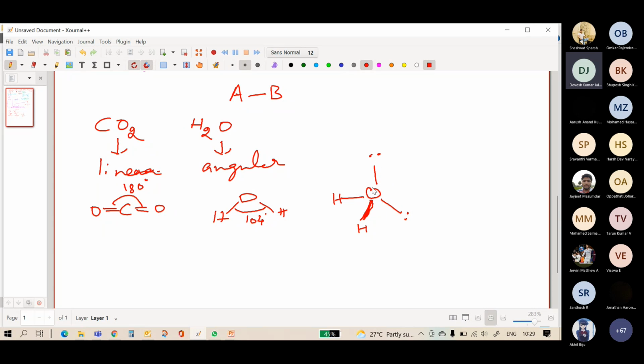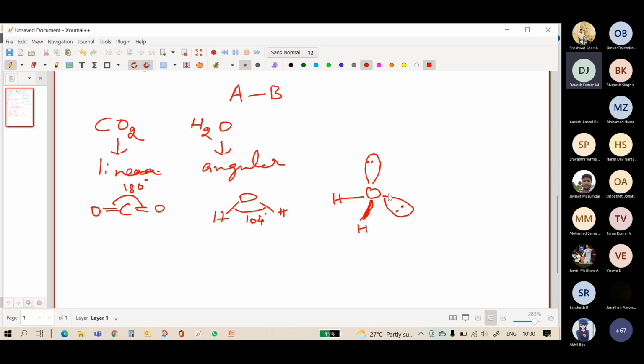Now for convenience, I'm showing as if oxygen is bonded to a lone pair, but that is not an accurate picture. The more accurate picture is that one of the hybridized orbitals will be oriented. You again see, I'm already bringing in theories of hybridization into the picture. So you have the hybridized orbitals, and they are filled with the pair of electrons.